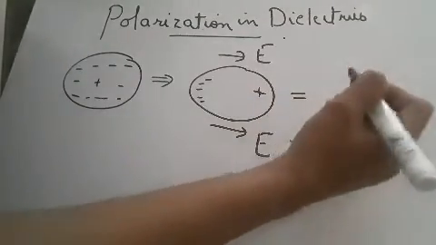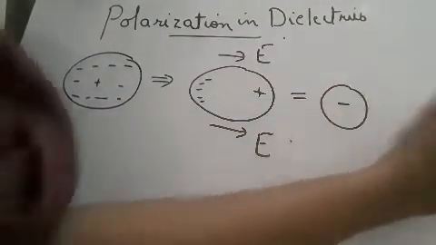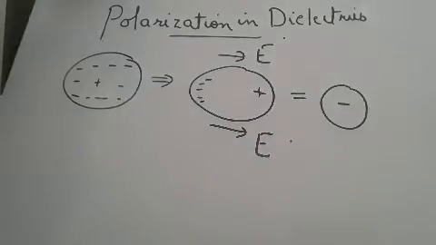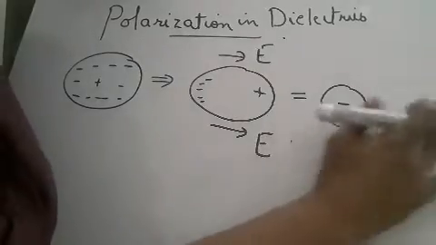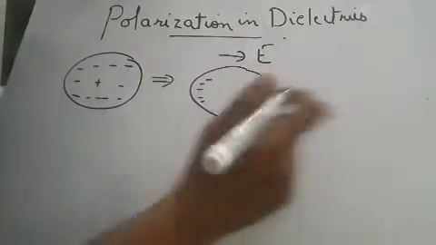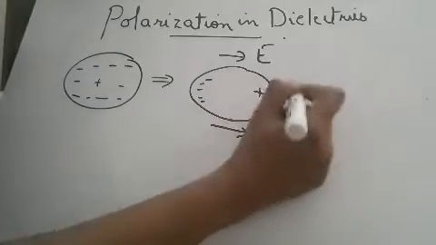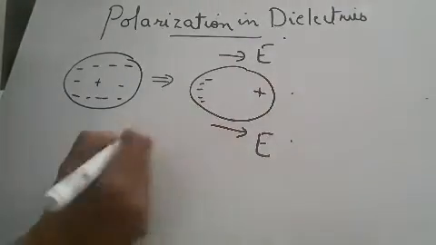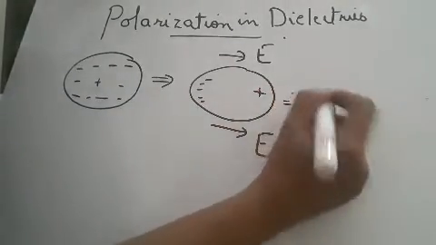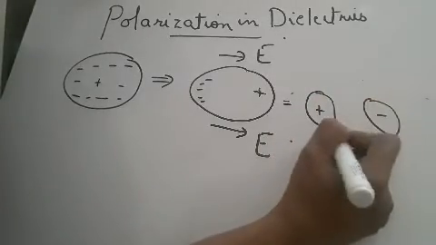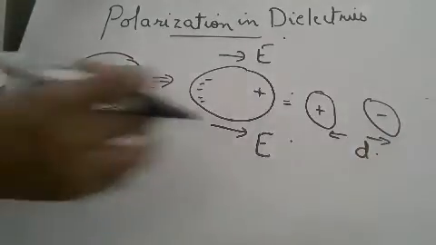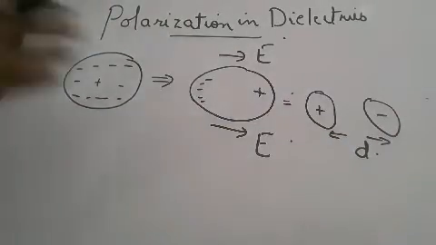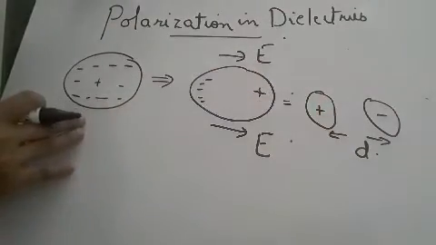This can be treated as two equal and opposite charges, plus and minus, separated by a small distance. We call this a dipole. So there will be numerous dipoles in this atom.